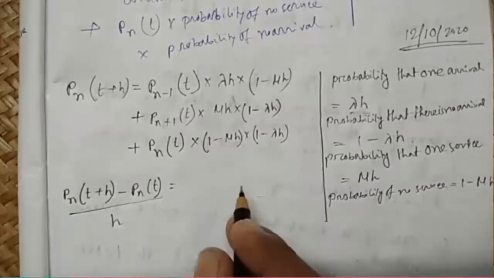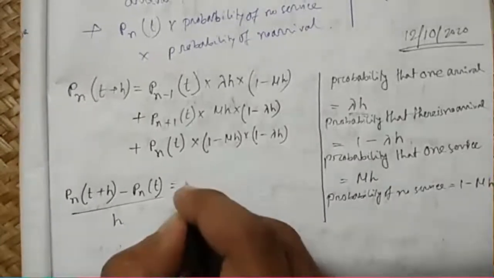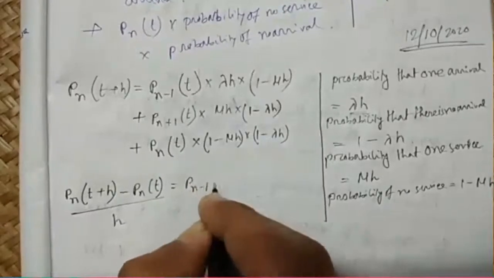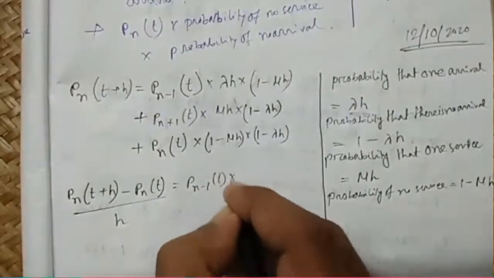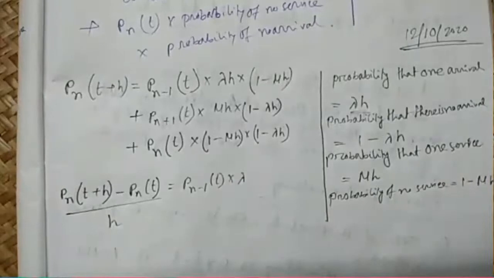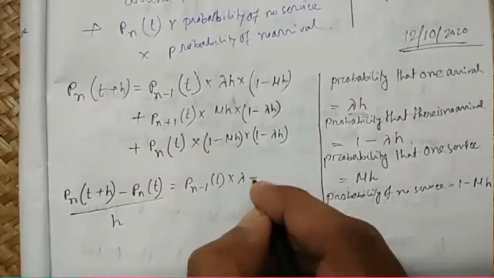Now the term will be P n minus 1 at time t into lambda. You can do it yourself along with me for better understanding.